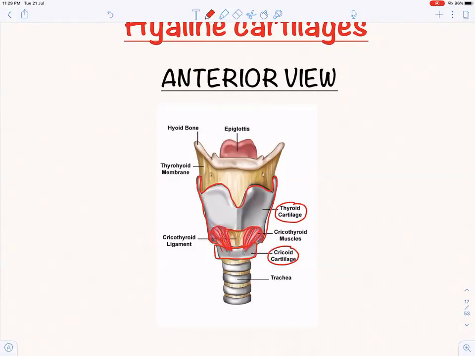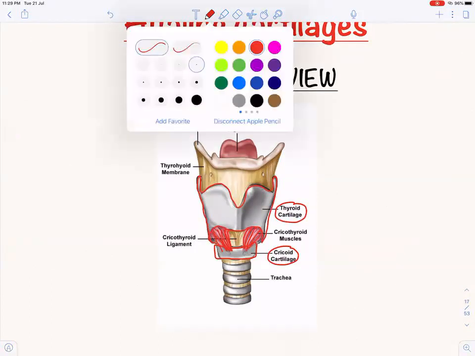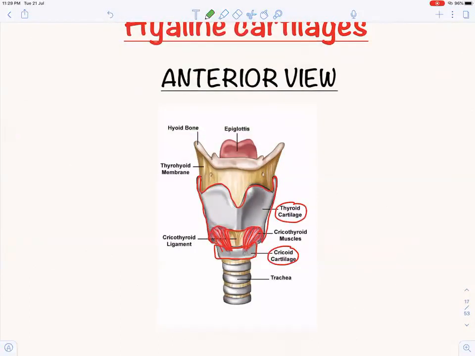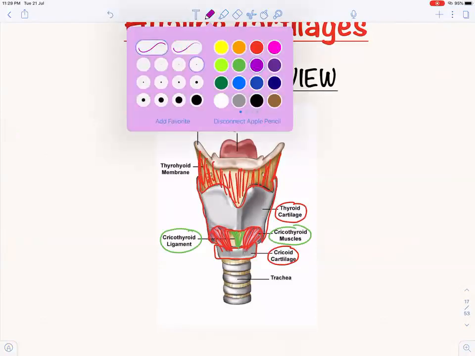And this is the cricothyroid ligament. Cricothyroid ligament, cricothyroid muscles. Okay. And what is this? This is thyrohyoid membrane.